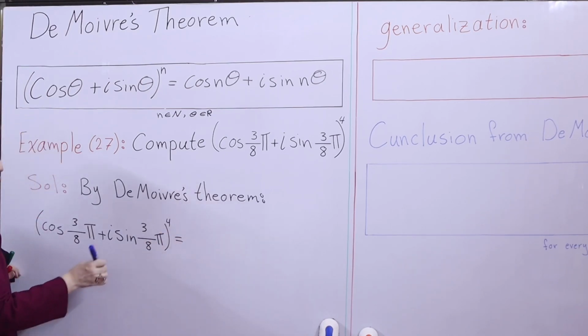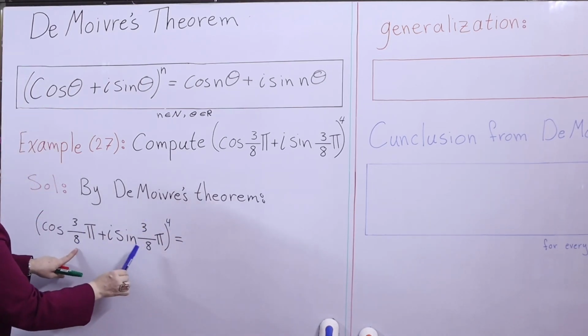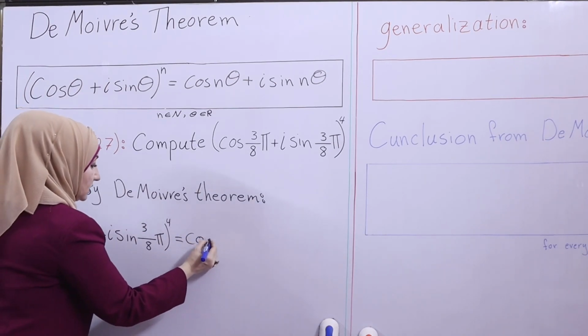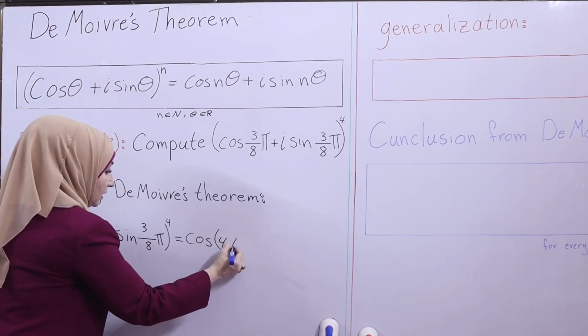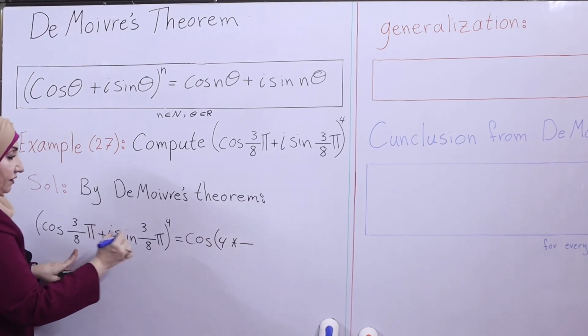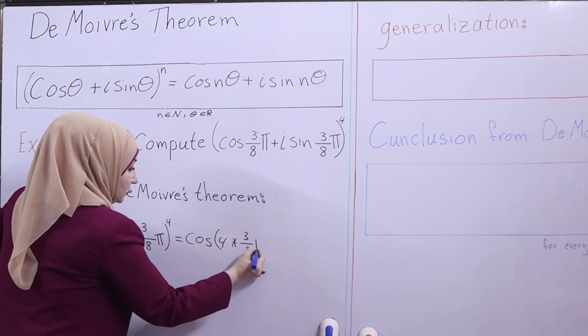It will be, we will multiply the power by the angles. So it will be cosine 4 multiplied by the angle 3 on 8 pi.